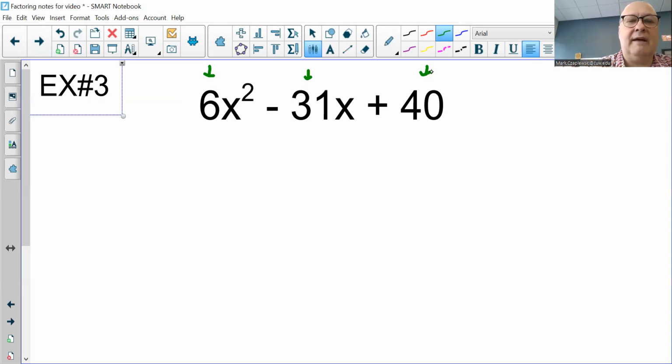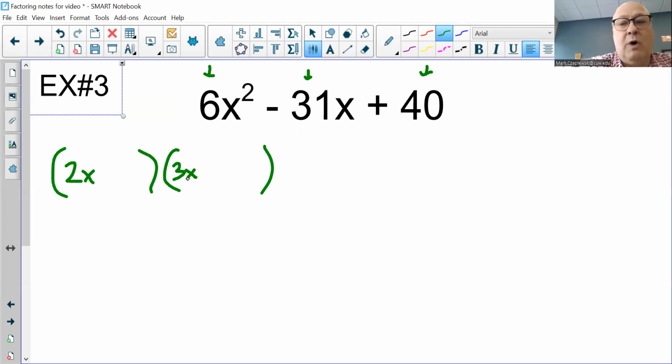So the next thing, if I'm going to do guess and check, I'm going to put it actually way over here so I can do split the middle in a moment. In this case, I'm going to figure out what multiplies to 6x squared. It could be this. Now, it also could be 1x and 6x. I just don't know.